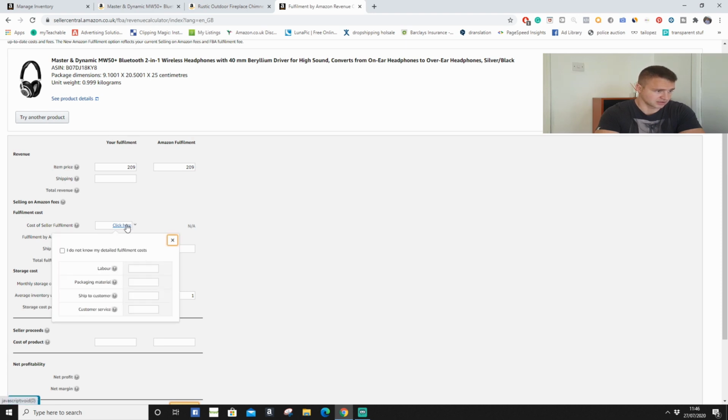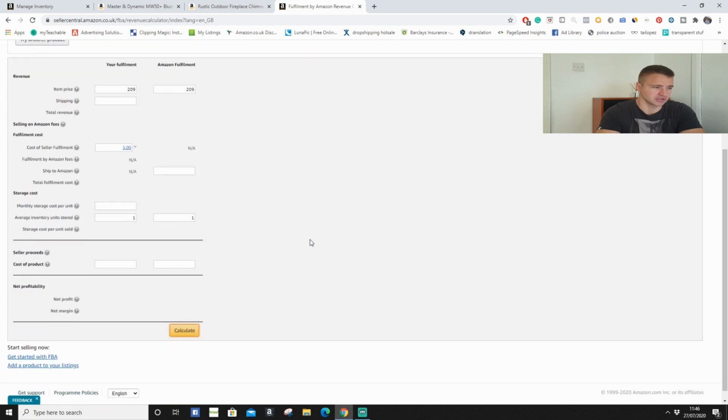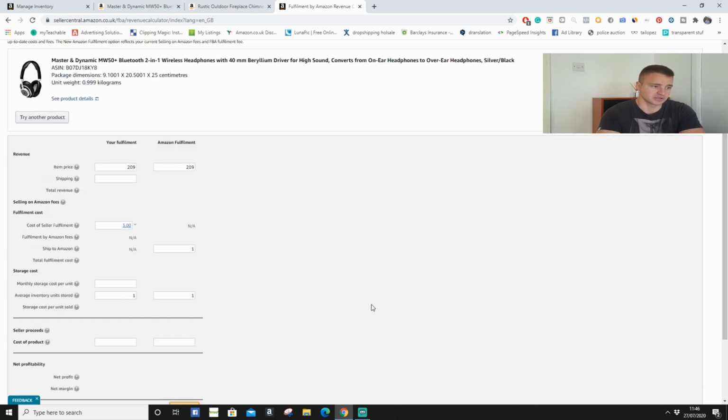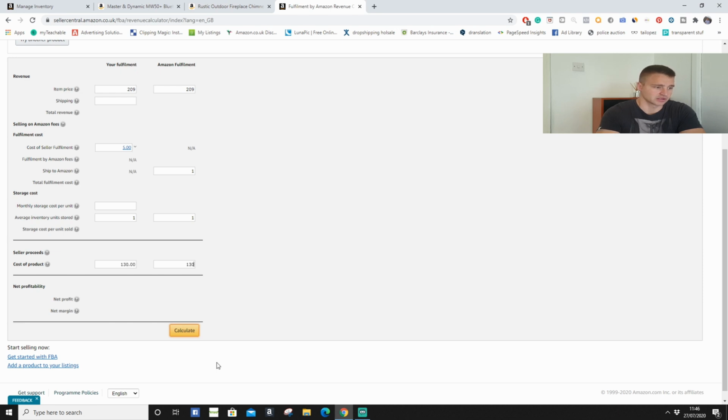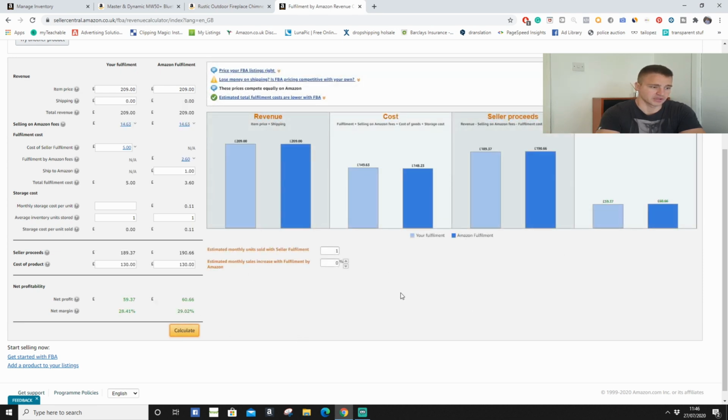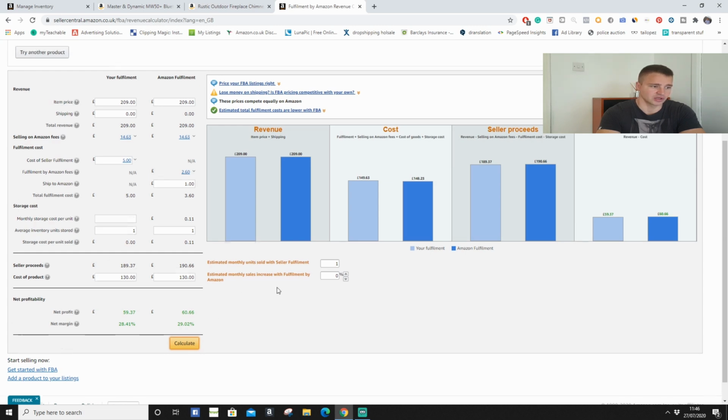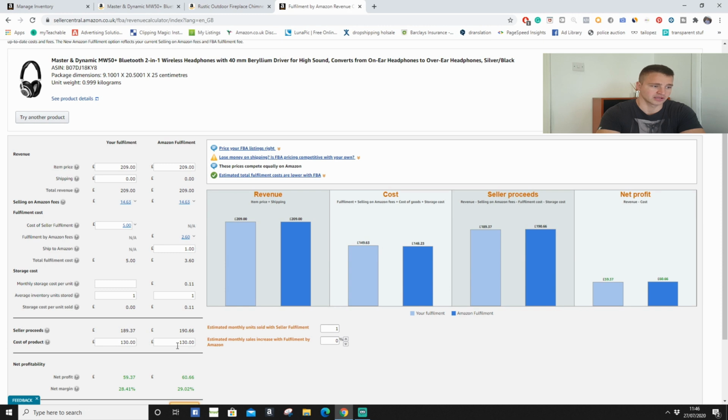So shipping to the customer will not cost more than £5. Ship to Amazon, this I pay like £1 per unit. And the cost of the product I think was a third of that. So you'll see in both scenarios what you'll get.